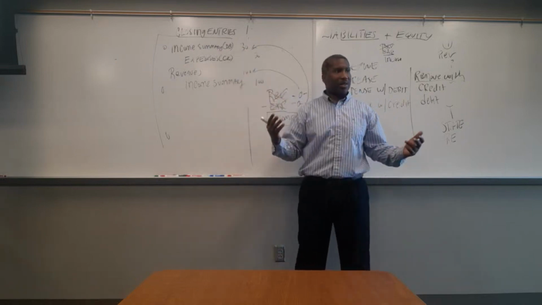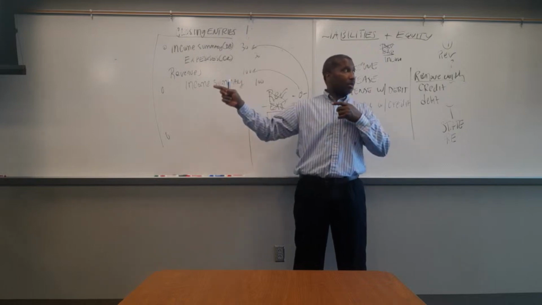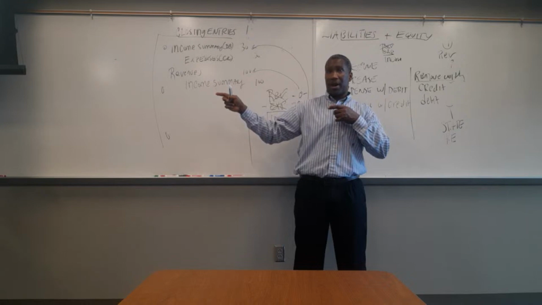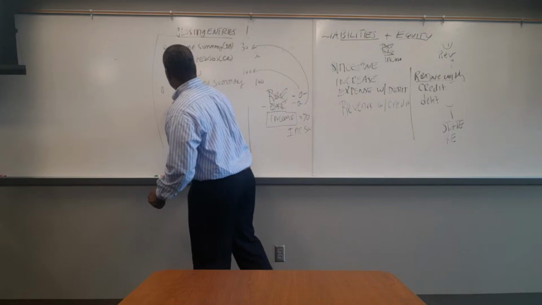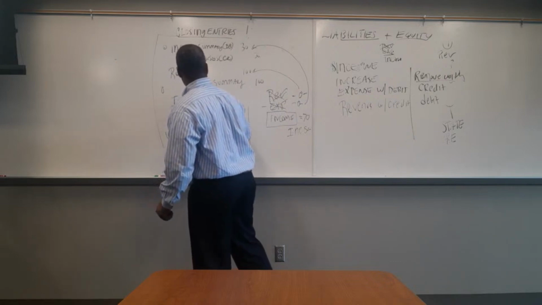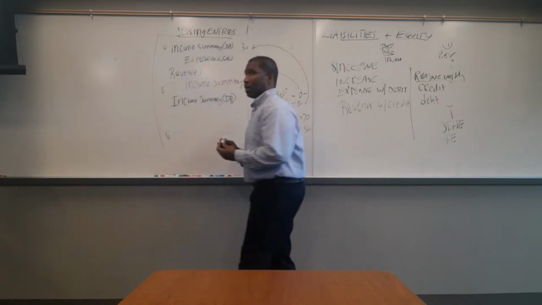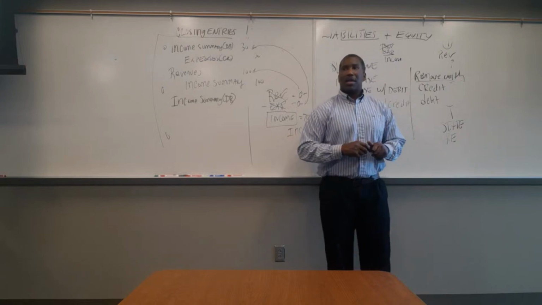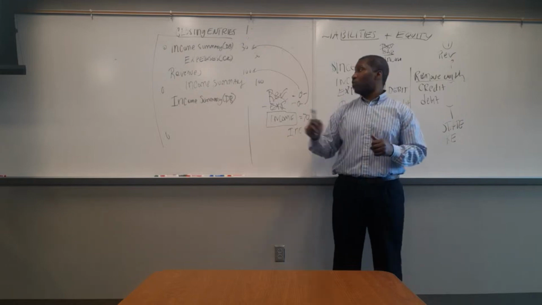So it seems logical to make it balanced that I do what? Debit, right? Everybody agree? All right, so let's debit income summary. Okay, nod your head if you feel good so far. Everybody okay?